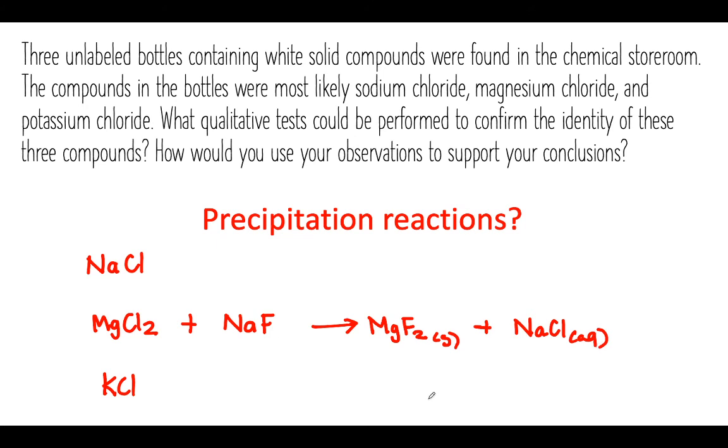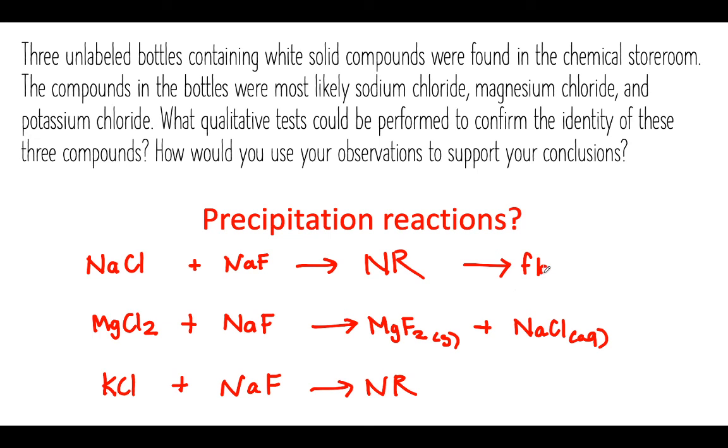So what this tells me, if I add NaF to NaCl, I'm going to have no reaction, right? And if I add KCl to NaF, I'm also going to have no reaction. So the only one that's going to form a precipitate, that's going to help me narrow down that that particular bottle contains MgCl2. And I'm not super worried that I can't identify NaCl or KCl because I've got our flame test here, right?